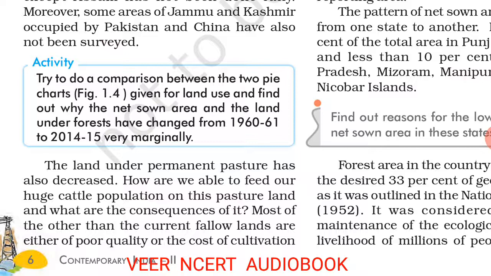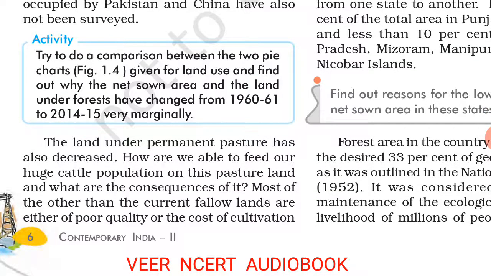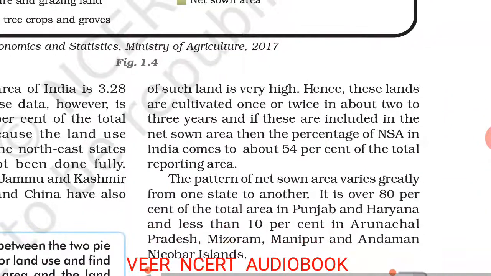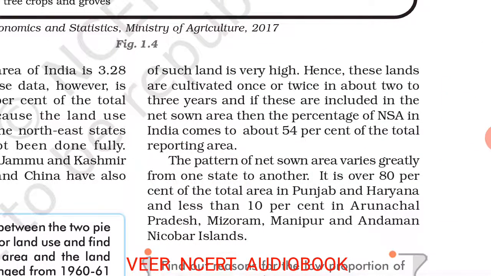The land under permanent pasture has also decreased. How are we able to feed our huge cattle population on this pasture land and what are the consequences of it? Most of the other than the current fallow lands are either of poor quality or the cost of cultivation of such land is very high.